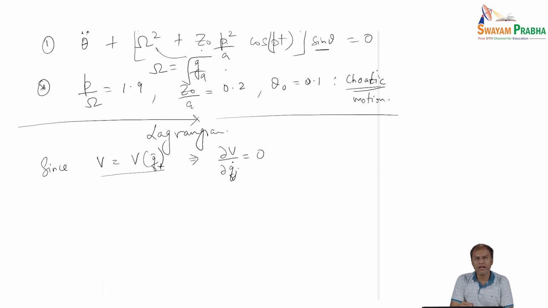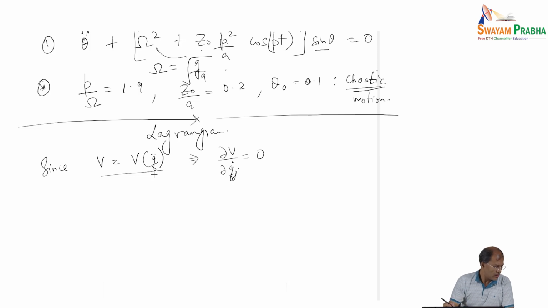We associate capital V with the potential of the system, right? Now, the potential typically will be a function of the generalized coordinate q, but it won't be a function of q dot. Remember, in the language of Lagrange formulation, in the language of calculus of variations, we are assuming q dot and q are independent variables. So it turns out that dV/dq_j dot is 0 because V is explicitly a function of q, not q dot.